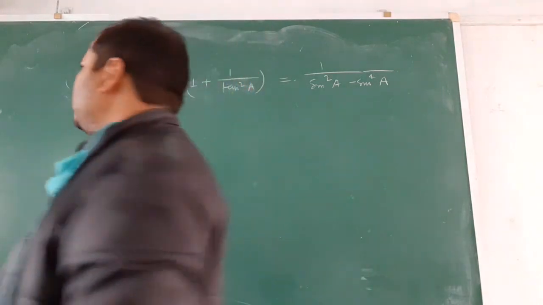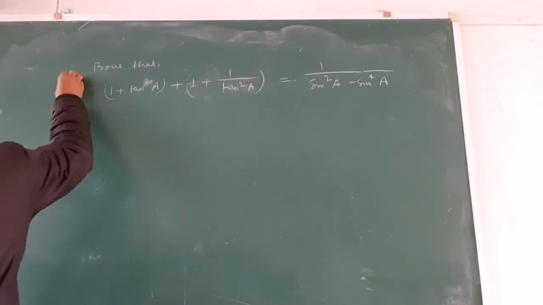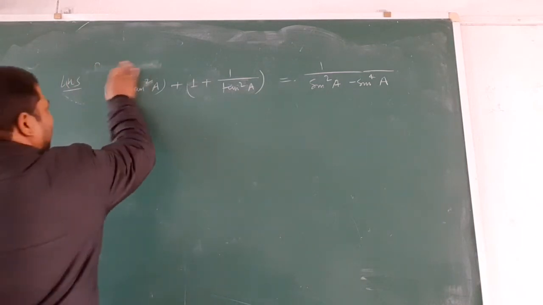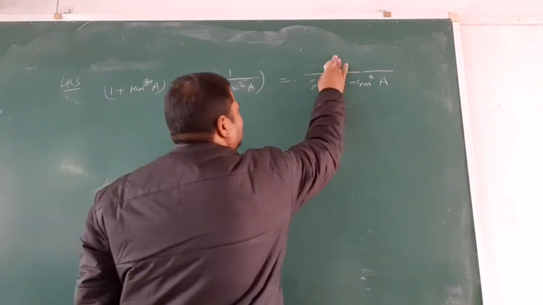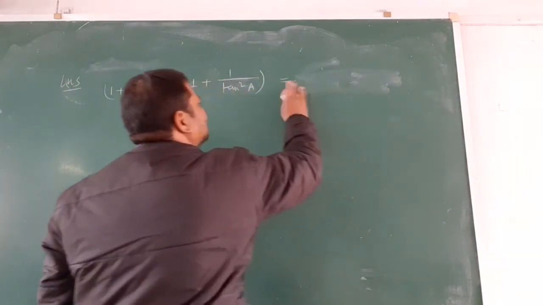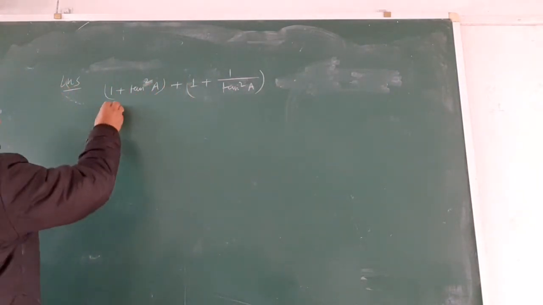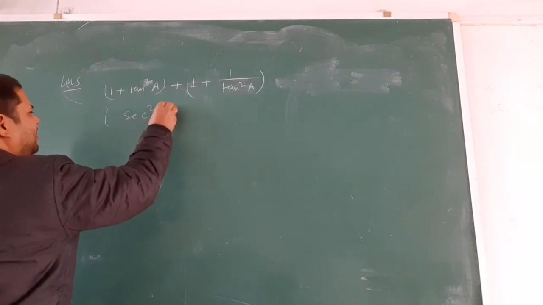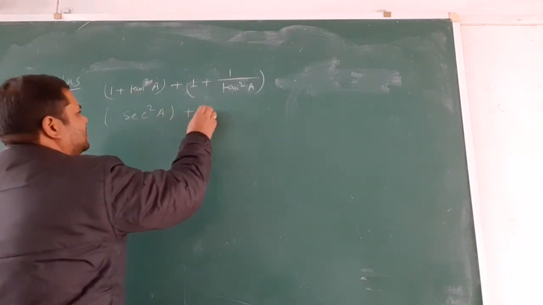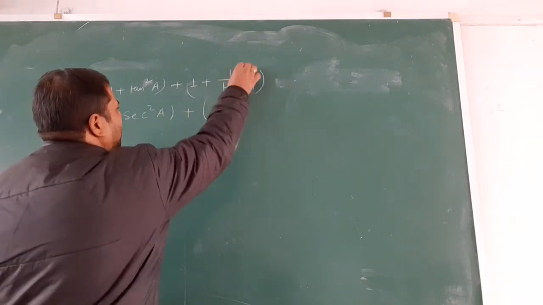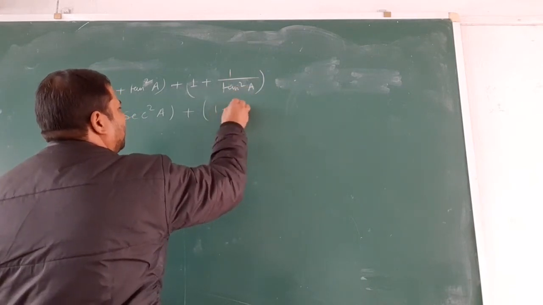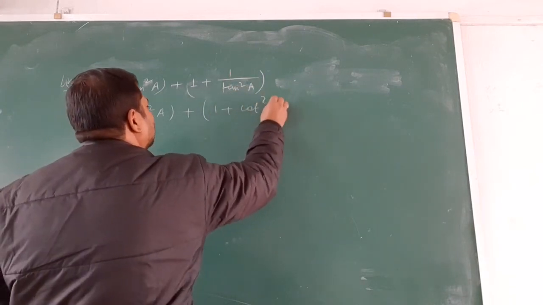Clear? So first one, LHS supposed to be this one, and you have to show this as a sin square a. Okay. So this is 1 plus tan square a. This is nothing but sec square a. And this is 1 plus 1 by tan, 1 plus cot square a.